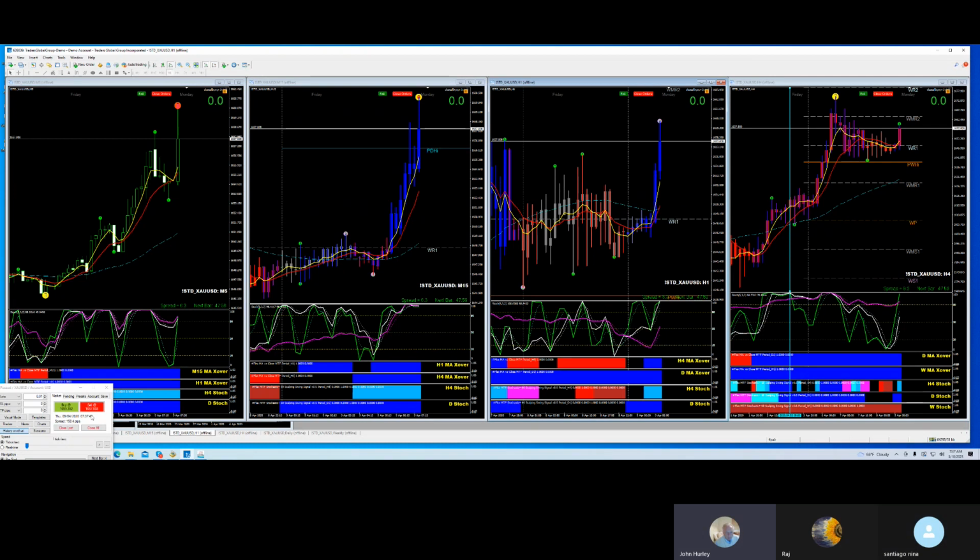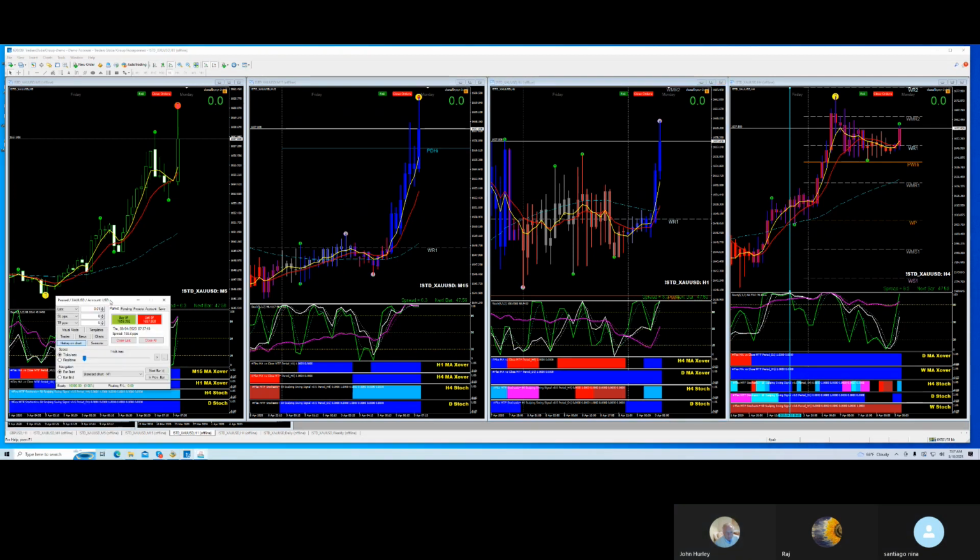Okay, so it had a little wick, and then it wicked down, and then the body of the next hour started at the close of the body on the previous hour. And that was your heads up that this was a continuation long also, right? Well, my heads up is that this is still strong. So you have a double confirmation on the 1 hour.